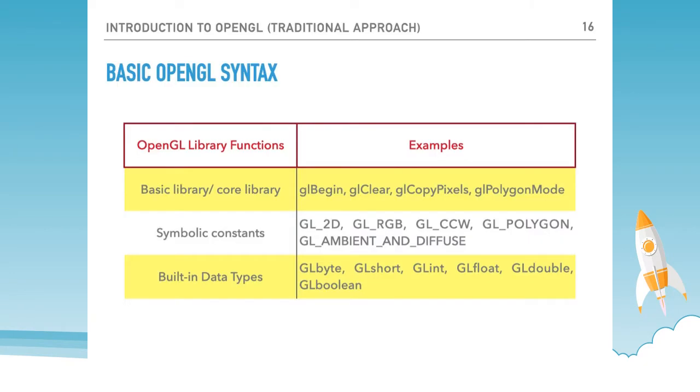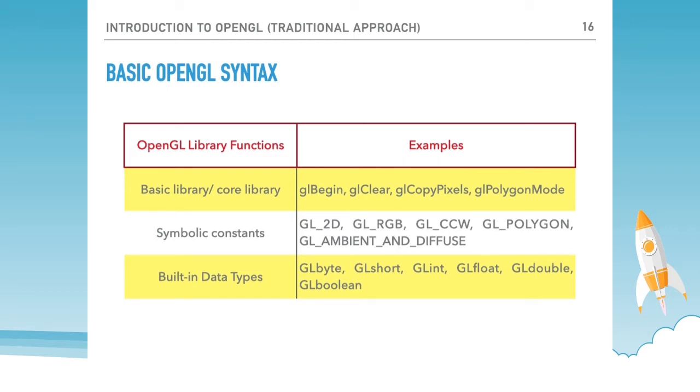Now, let's take a look at the basic OpenGL syntax. Function names in the OpenGL basic library, or what we call the OpenGL core library, are always prefixed with GL. And each component word within a function name has its first letter capitalized.